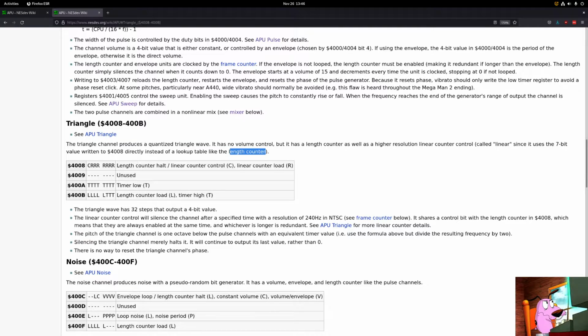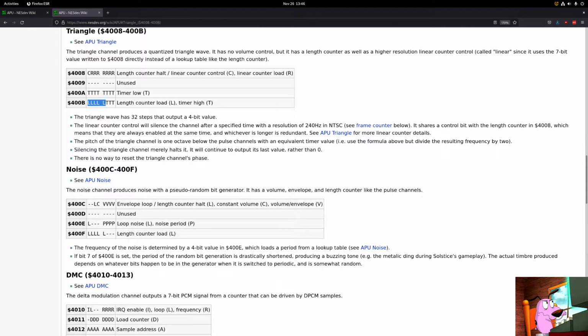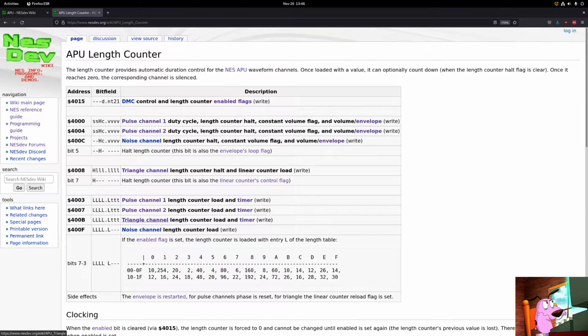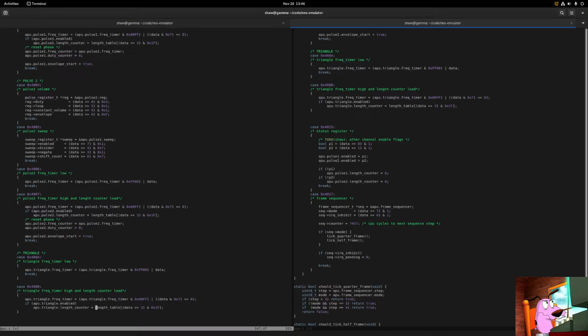Okay, so the length counter is a lookup table, but this linear counter control is not. Yeah, let's go in here. Yeah, so it looks like the length counter uses that same table, I think, so that's probably the same.